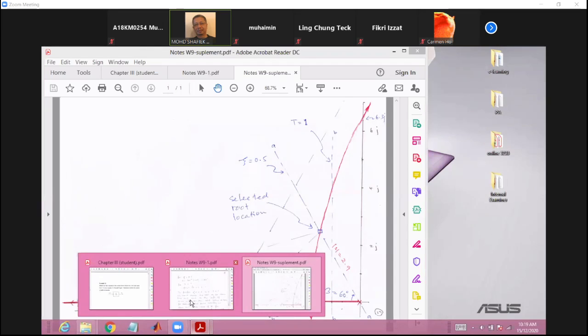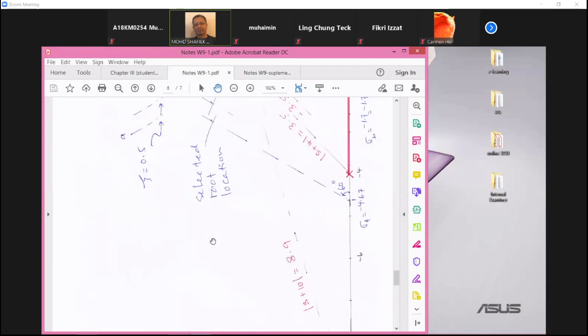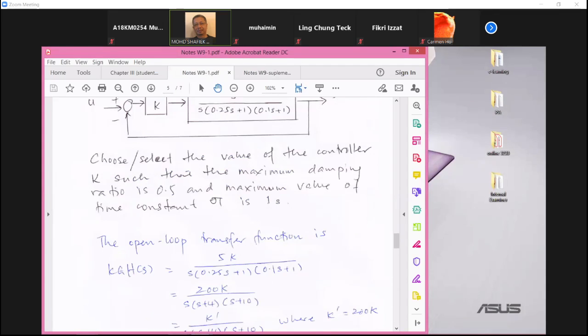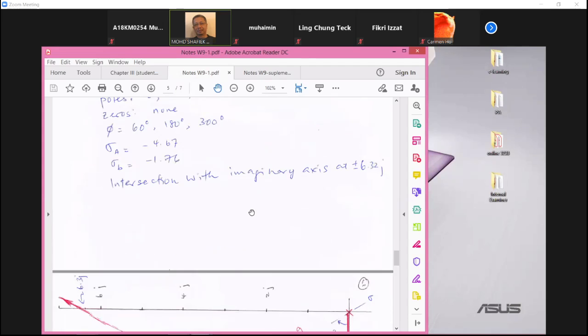So that is the first specification. The second specification is the time constant should not exceed 1 second. So 1 over the time constant is going to give you the real part of your roots.